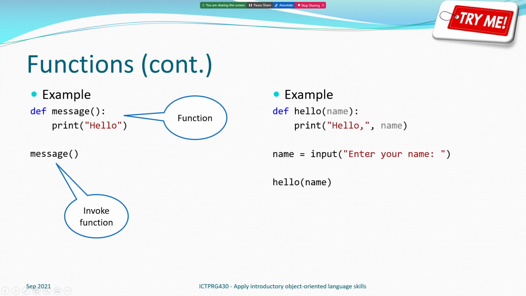So we're going to get somebody to enter some information, and then we're going to call the function and provide the argument.